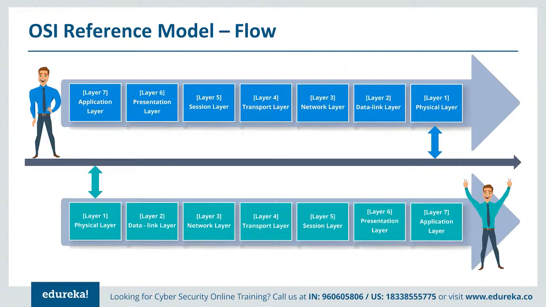For example, if the green person wants to send information, when he sends a hi message, the same message will move from the application layer, presentation layer, down to the physical layer, and it will be passed on to the other person's computer over the physical layer, data link layer, and moves up until it reaches the blue person. Even if multiple people and multiple devices are communicating, any number of devices needs to follow the same layers from layer 1 to layer 7, or in the reverse order, layer 7 to layer 1.